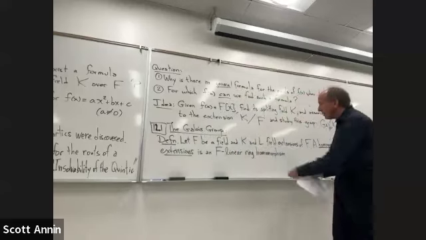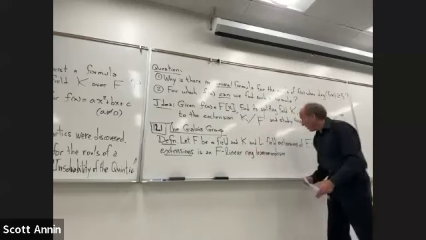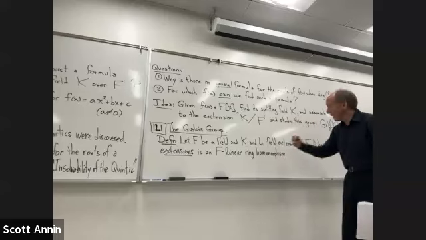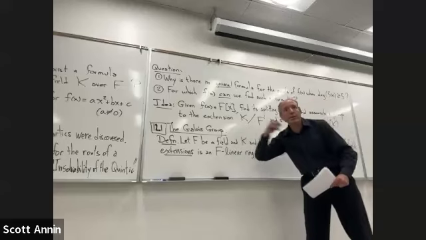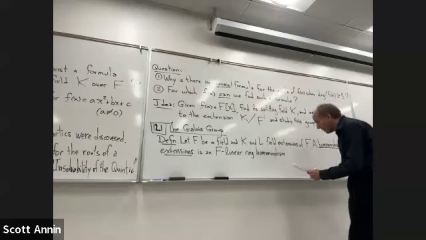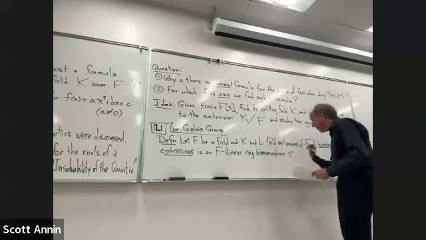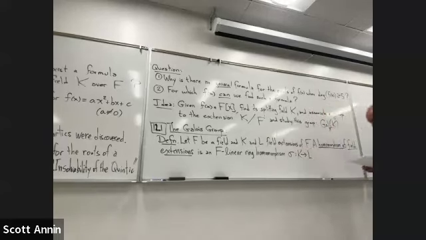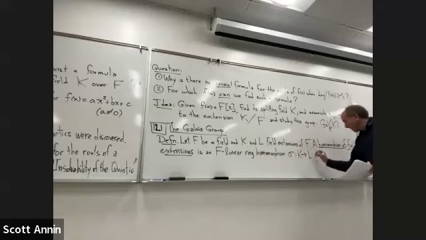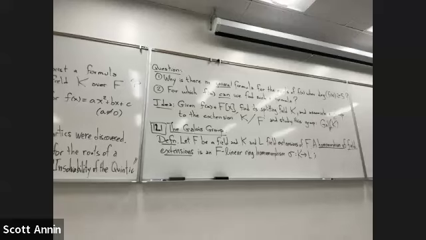So basically, these F-linear ring homomorphisms respect everything. They respect addition, they respect subtraction, they respect multiplication, they respect scalars from the base field, exactly as you would expect. I'm going to call this sigma. And sigma goes from K to L. And that's the whole definition. A homomorphism of field extensions is an F-linear ring homomorphism, sigma from K to L.